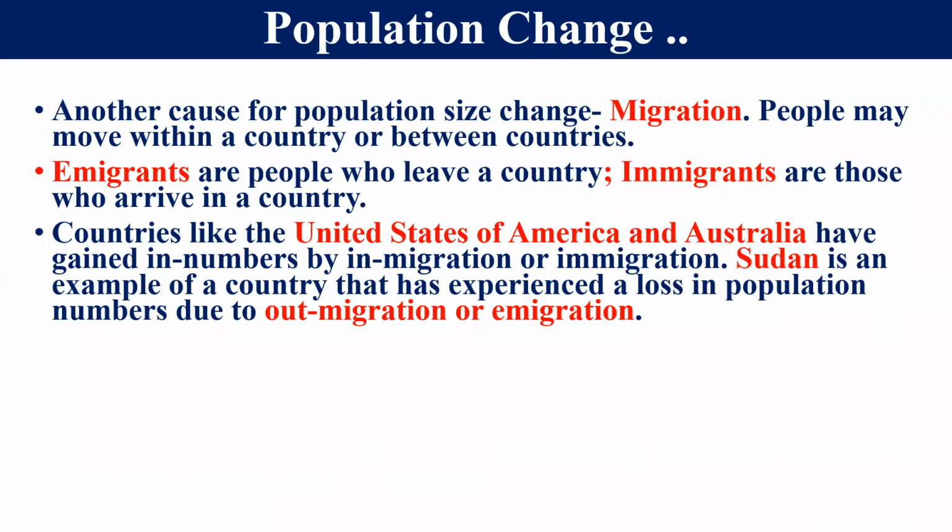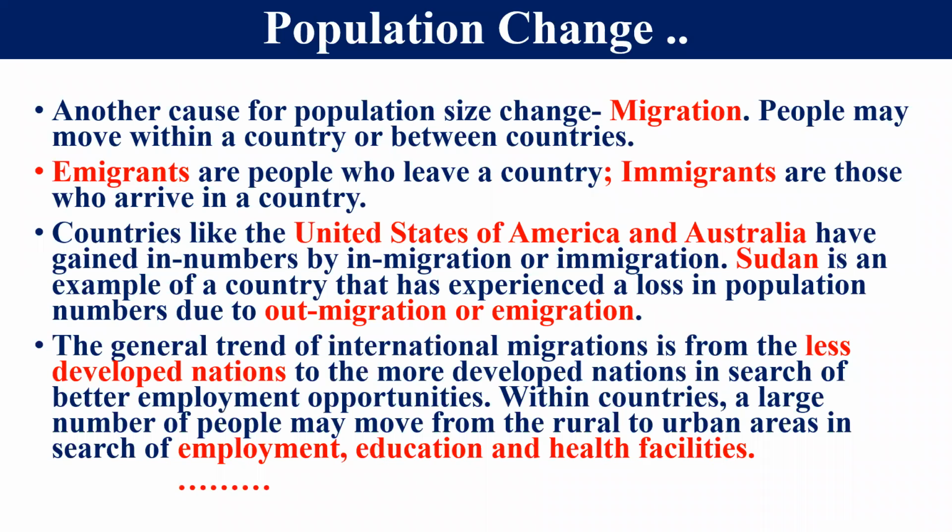This would be an important question, maybe asked in the exam, to name the country which experienced a loss of population due to emigration. It is Sudan. And the population has increased in USA and Australia due to immigration.